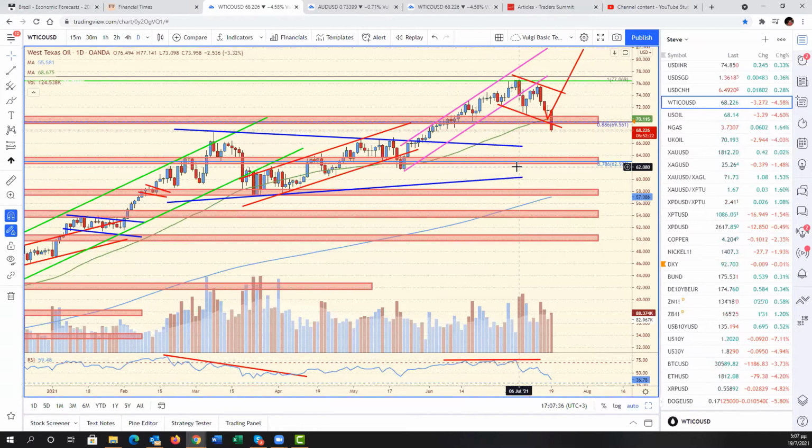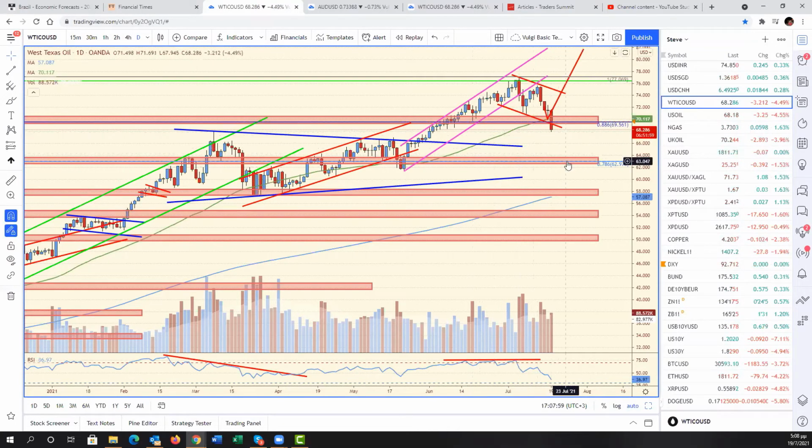So we confirm a break and a close below this trendline support. And in my opinion, we're finally looking at a deeper corrective move, which can unfold in a more bearish type of way than a simple pullback, right?